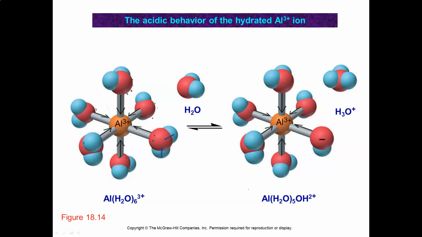This goes back to a previous lesson on the strengths of acids, the inductive effect, if you remember that. Because this pull is so strong, this oxygen is getting pulled in so well to aluminum that it actually weakens this bond.